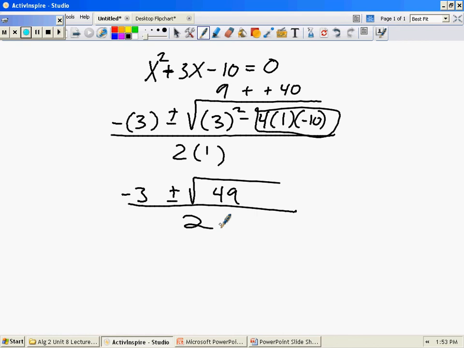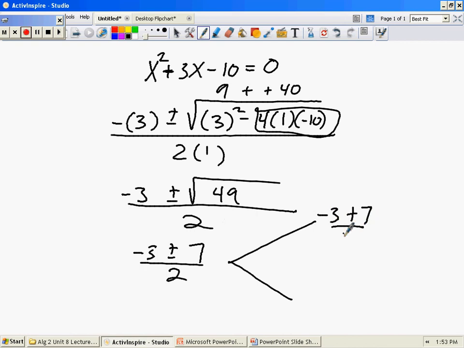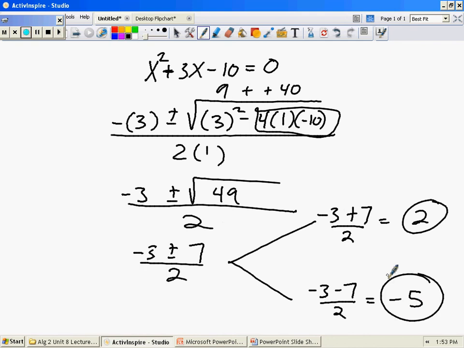Square root of 49, that's a nice one. That's what? 7. And then we're just going to split this up into two separate problems. Negative 3 plus 7 over 2 and negative 3 minus 7 over 2. And we'll simplify both of them. So there's your two answers for x, 2 and negative 5.